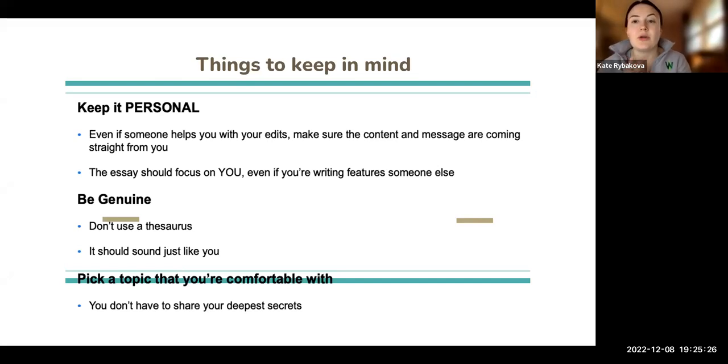But again, if you are not comfortable sharing something, if you don't want to talk about it, if it's something that you want people to ask questions about, I would definitely not share it. Just because it can put you in an uncomfortable situation. If, let's say, you go in for an interview with a college and they ask you about something you shared in your essay and you just don't want to talk about it. So we really don't need to know your deepest secrets that you might have.